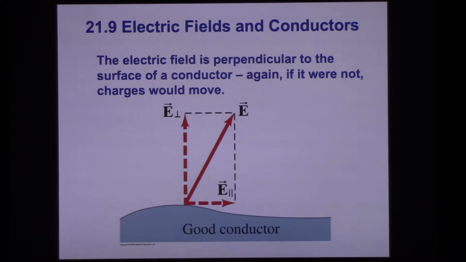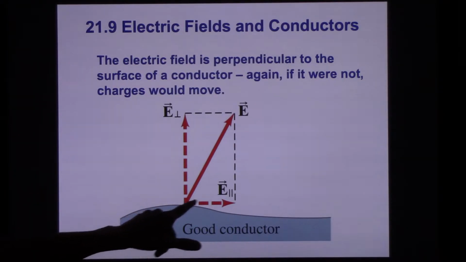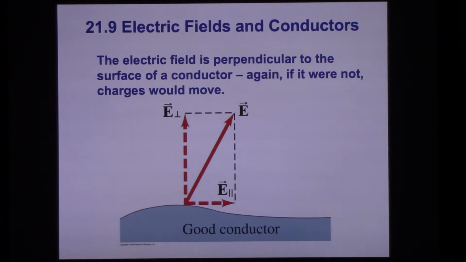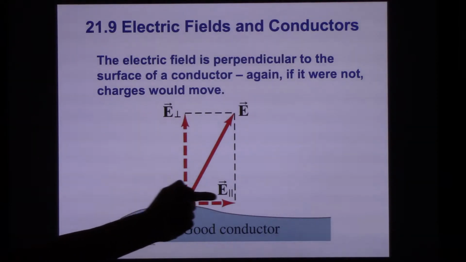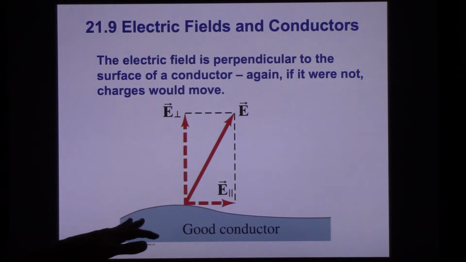Here's another feature of conductors. Conductors cannot sustain an E field along their surface. An E field that runs tangentially to the surface would result in electrons moving.